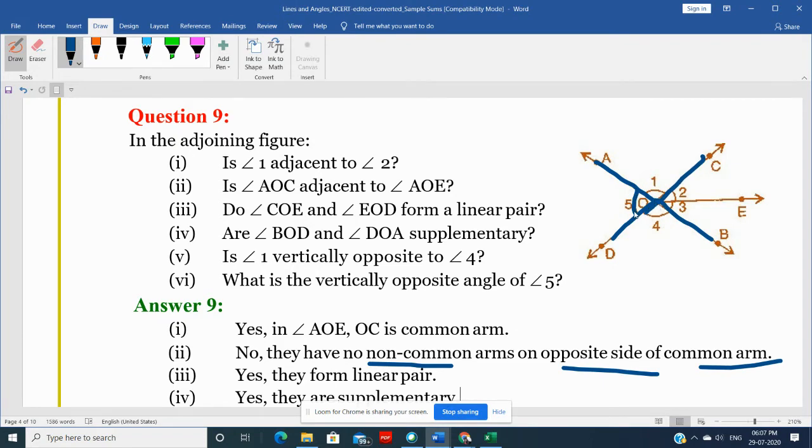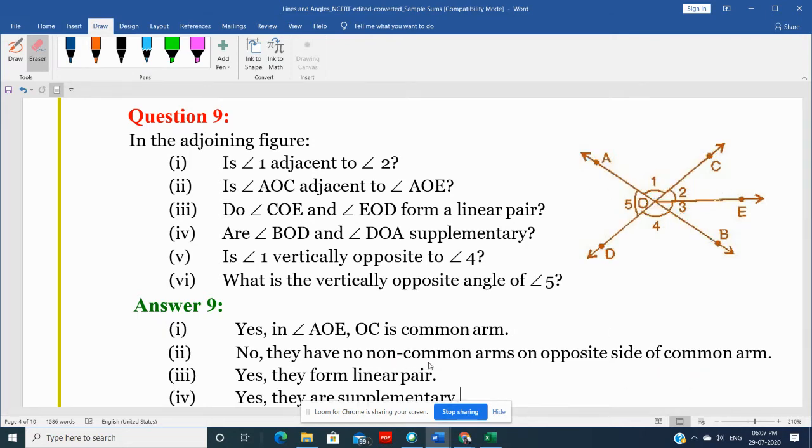If 5 is this, then the vertically opposite angle of this is COB. Angle 2 plus 3 means angle COB is vertically opposite to AOD. All right, this is how you can solve this sum.